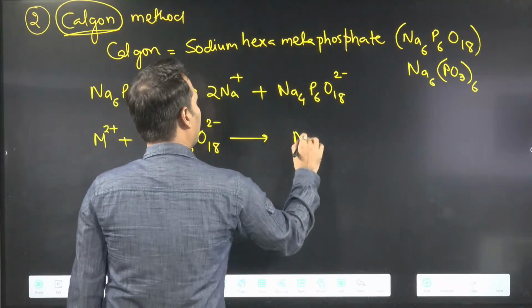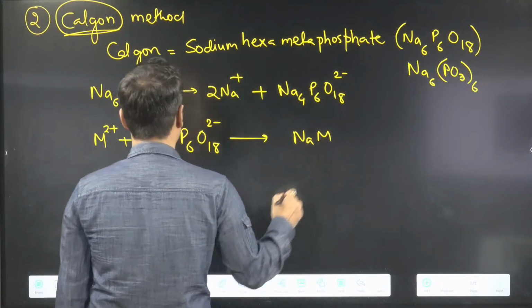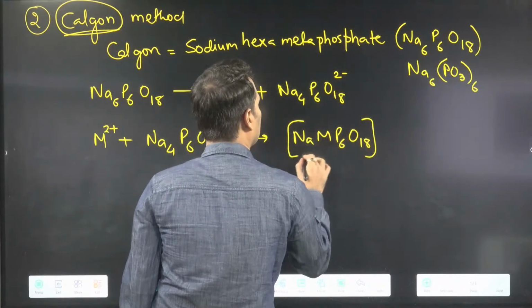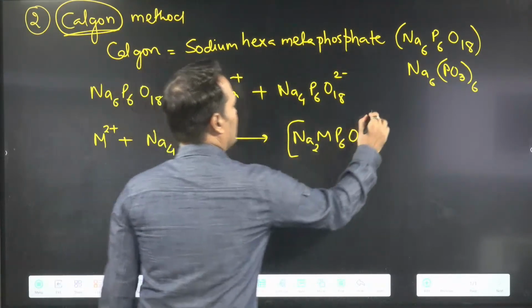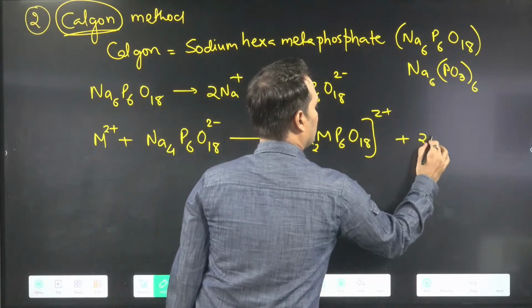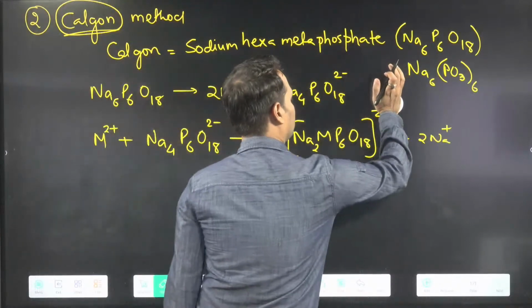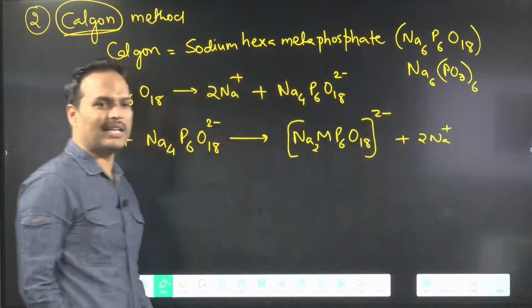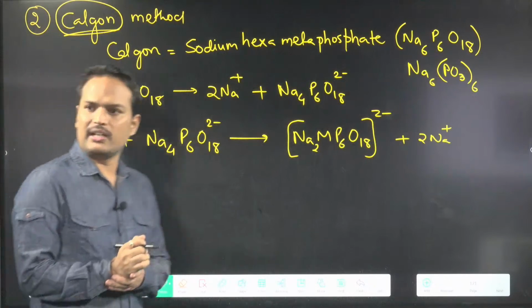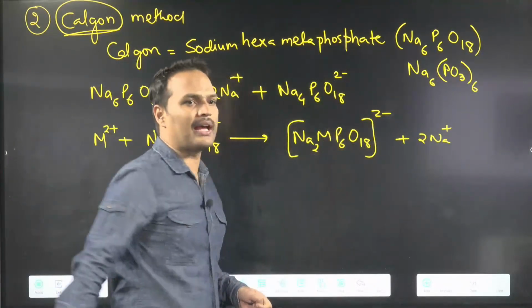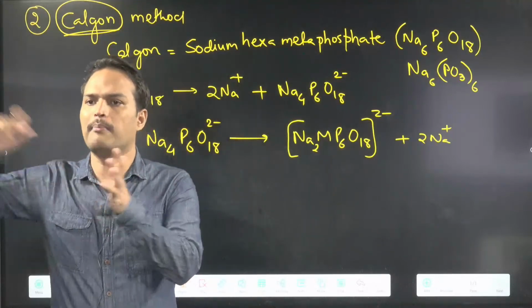Remove 2Na from here so that the charge is balanced, and we write P6O18, this thing 2 minus and 2Na+, like this. So what happened here? You have studied in coordination compounds that whatever is there in the square bracket is not able to come out.